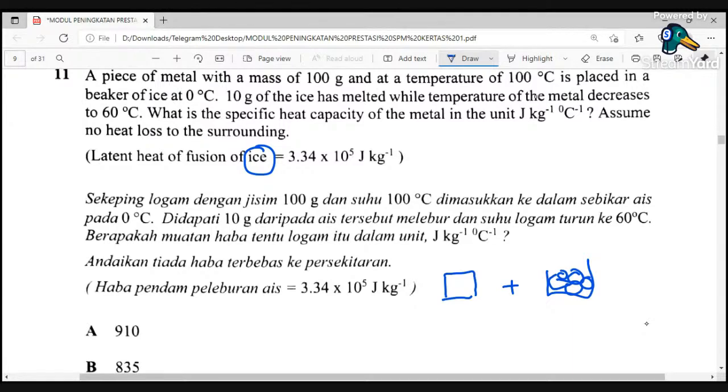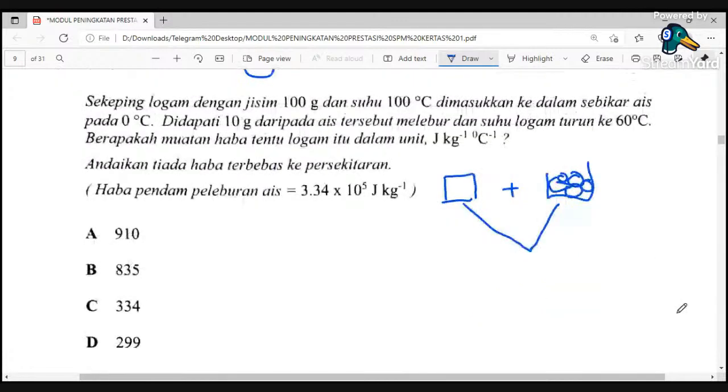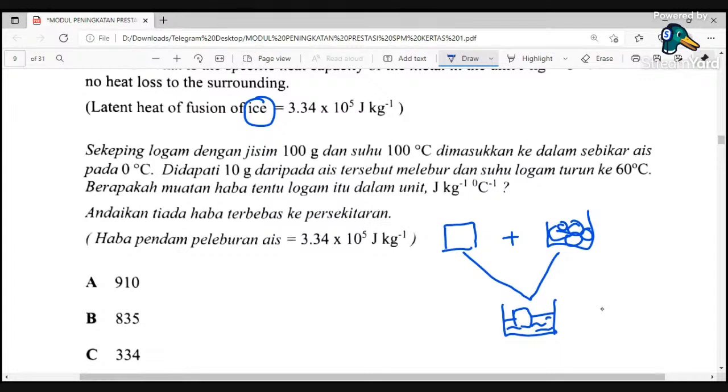So what happened is when you place this one inside, the ice melts, and then it becomes water. Okay, so initial temperature of the metal is 100 degrees Celsius. Mass is 100 gram. Let's put it as M1.